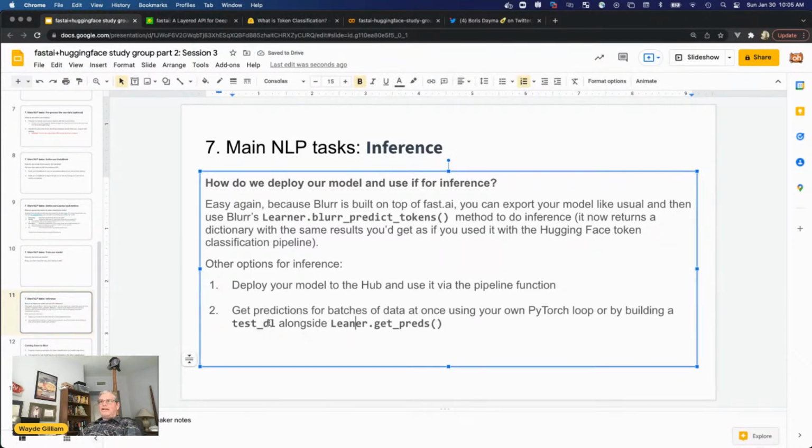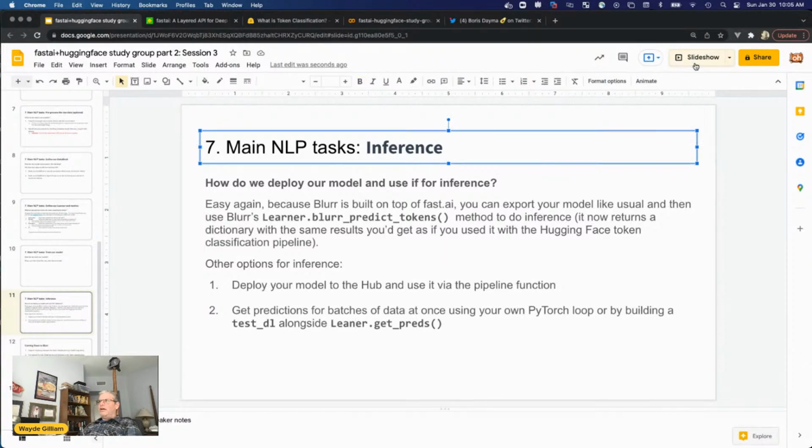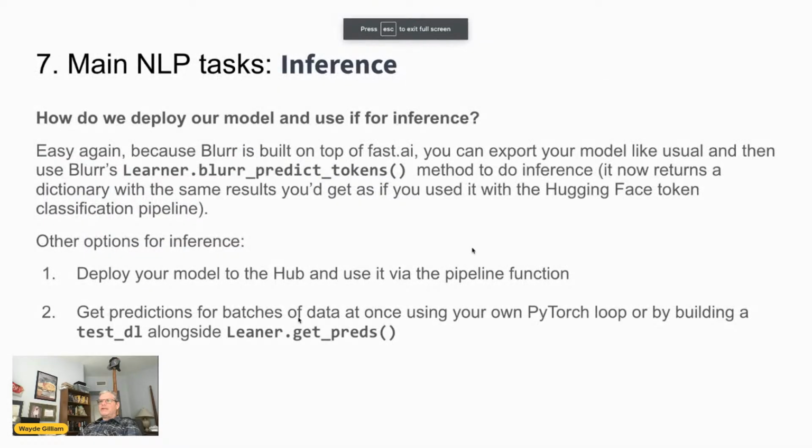And create a test data loader. The test data loader simply allows you to create a data loader modeled after your validation data loader, so there's no augmentation applied, there's no sorting, and you can pass an additional set.